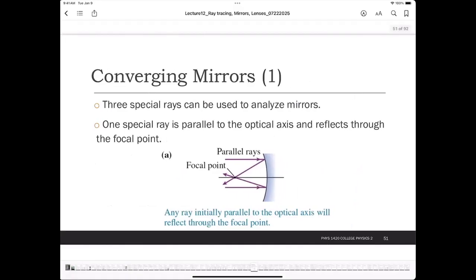Okay, firstly, let's talk more about convergent mirrors. Three special rays can be used to analyze mirrors. One special ray is parallel to the optical axis and reflects through the focal point. This is the first kind, the parallel ray. A ray initially parallel to the optical axis will reflect through the focal point.